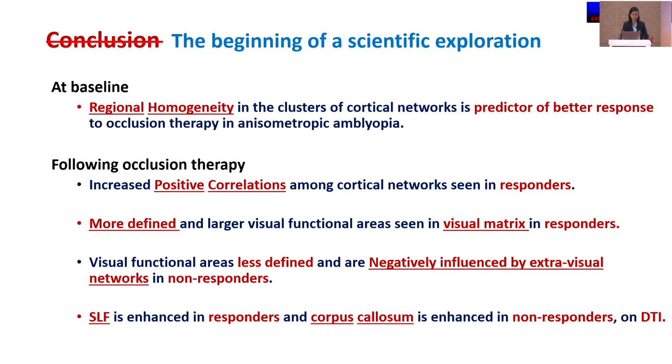I would say that this was the beginning of a scientific exploration which for the first time highlighted the neural connectivity marker, that is the regional homogeneity in the cluster of cortical network, which is predictive of better response to the occlusion therapy. And we found the various cortical connections which are responsible for positive response in the responders following occlusion therapy. And we found the cortical connections and white matter tract enhancement pattern which are responsible for no response following the occlusion therapy.